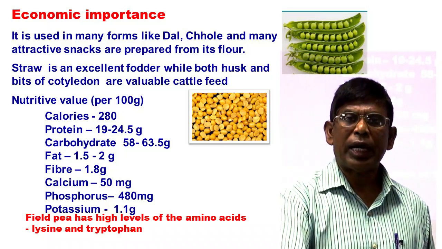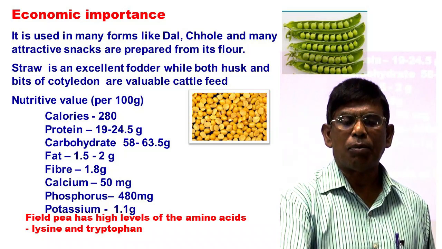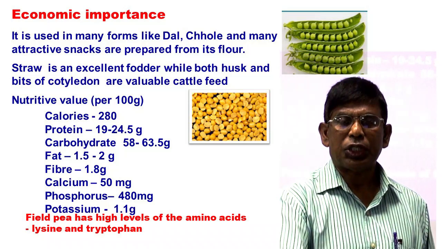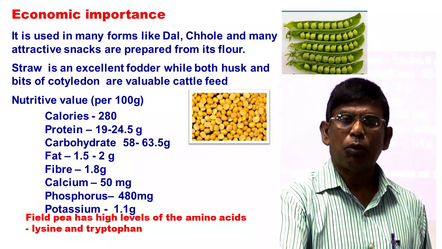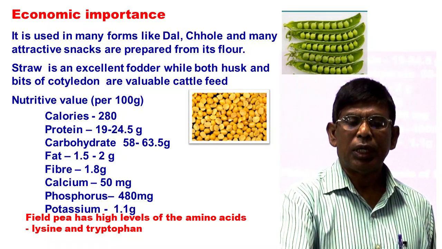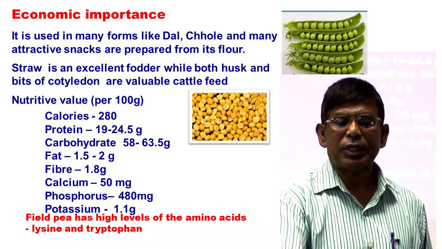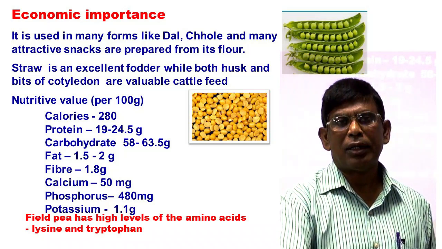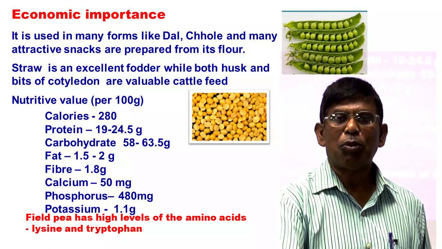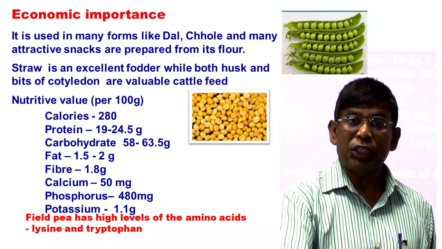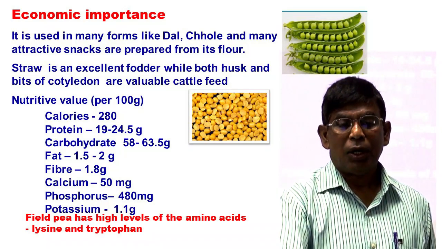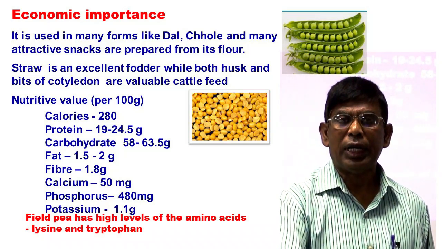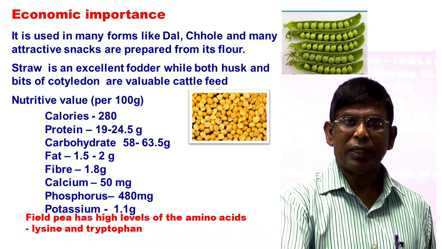Protein ranges from 19 to 24.5 gram per 100 gram, then carbohydrate 58 to 63.5%, fat 1.5 to 2%, fiber 1.8%, and it is also very rich in macro and micronutrients like calcium, phosphorus, potassium, zinc, iron, etc. Chickpea also contains high levels of amino acids like lysine and tryptophan.